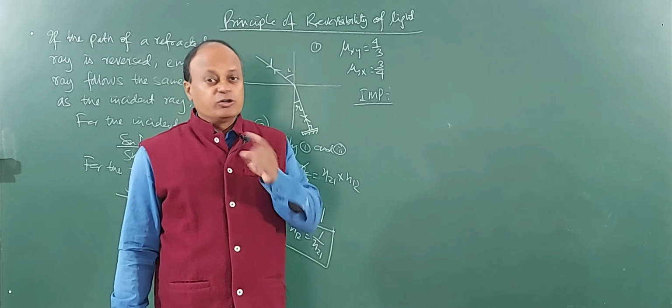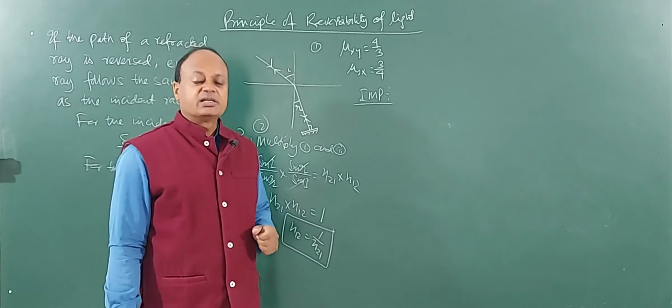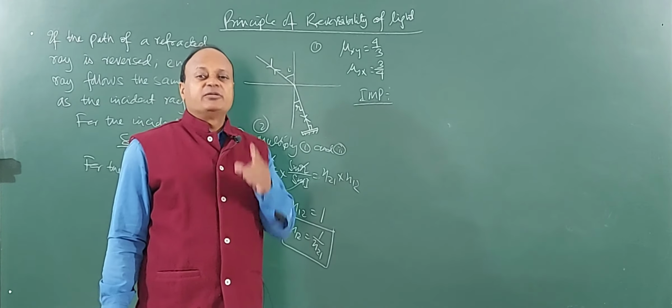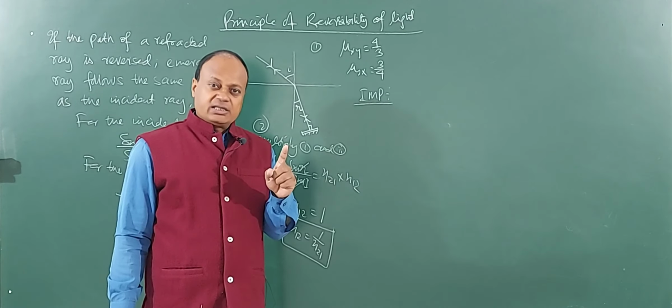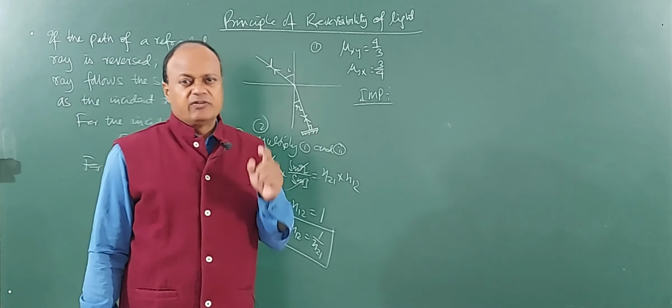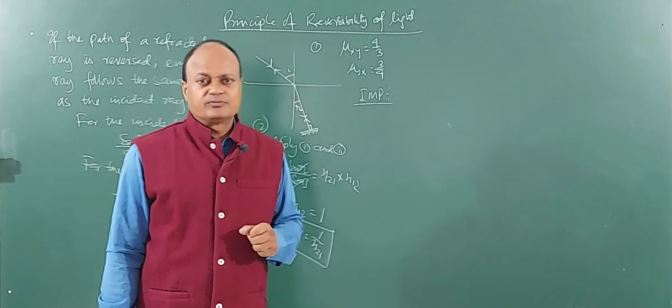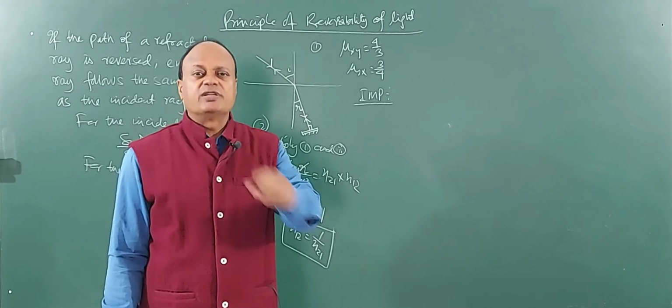With respect to what will not be mentioned. So, if the medium is not mentioned, they will be taking medium 1 as air or free space. Right? For air, it is nearly equal to 1, slightly more than 1. For vacuum, it is always 1. So, if the medium is not mentioned, we will take that medium 1 is always air.